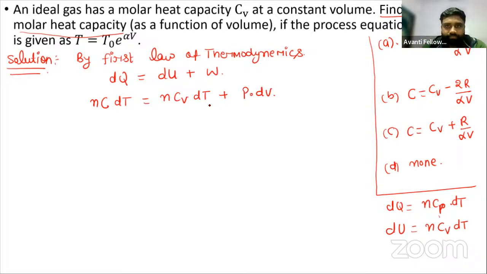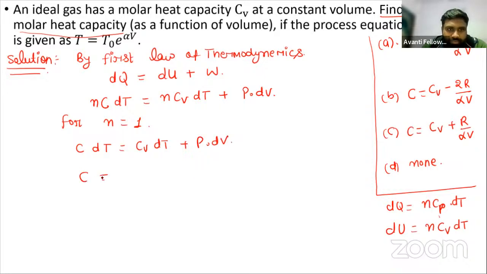Now for n equal to 1, I have assumed the number of moles is 1, so it is C dT is equal to Cv dT plus P dV. Now we need to find C, so we will divide this whole expression by dT. So it will become Cv plus P dV upon dT. Okay, got it?